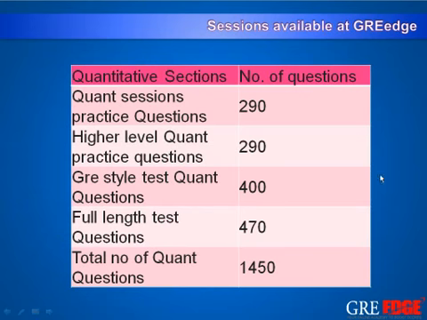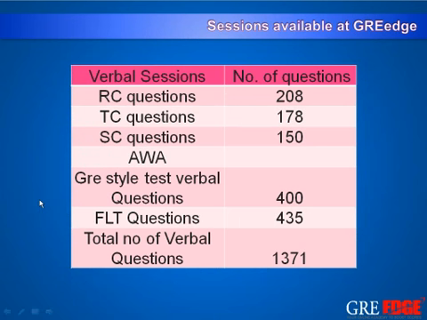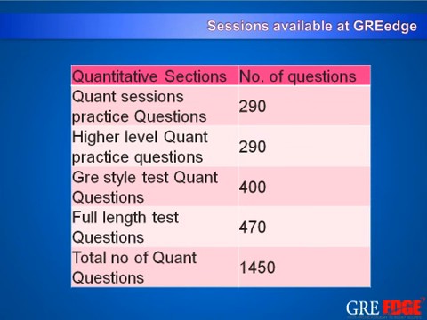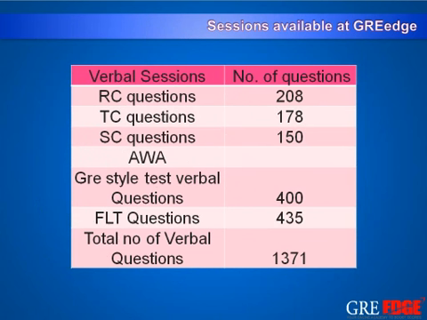Okay, fine. Now, if you compare that to the sessions available with GREedge, GREedge has 290 quantitative practice sessions, 290 higher difficulty level questions, and 470 questions in full length tests. Total number of quantitative questions itself is 1450. If you go to the verbal part, there are 208 RC questions, 178 text completion, 150 sentence equivalence, 400 GRE style questions, and 435 questions in the full length test which we provide.